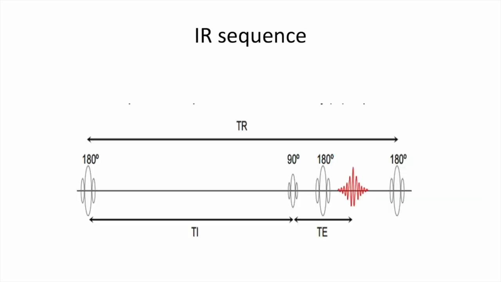The IR or inversion recovery sequence is a specialized spin echo sequence. Here, in addition to the normal 90-degree and 180-degree pulses that are used in spin echo sequence, another inversion 180-degree pulse is used before the 90-degree RF pulse.